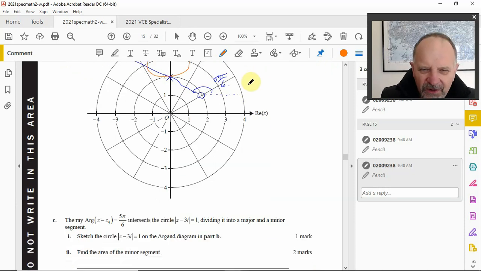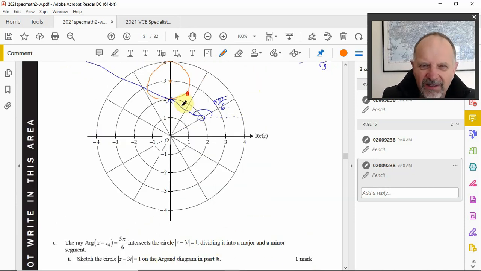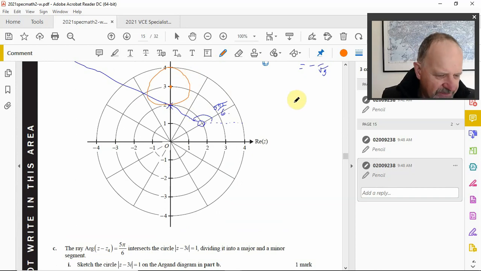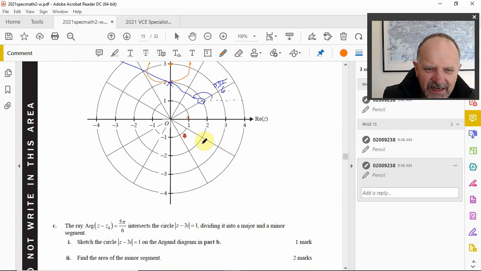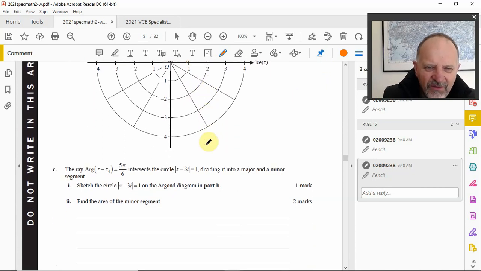All right, so first part A, which is what I've done, sketch that on the Argand diagram. There it is in the orange. All right, I should have probably marked in that a bit better. So marked in those points there and there, but anyway. All right, so it says then, find the area of the minor segment.